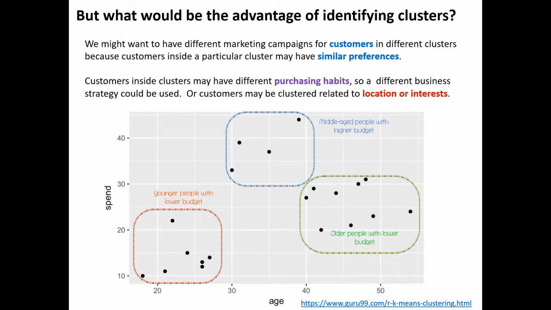And then let's go over to the green on the very right. These would be older people who aren't spending a whole lot, maybe a little bit more than the younger people. And then in the middle here at the top is the middle-aged people who would maybe be at the height of their careers and would have maybe more money to spend. And so those would be the middle-aged people with a higher budget.